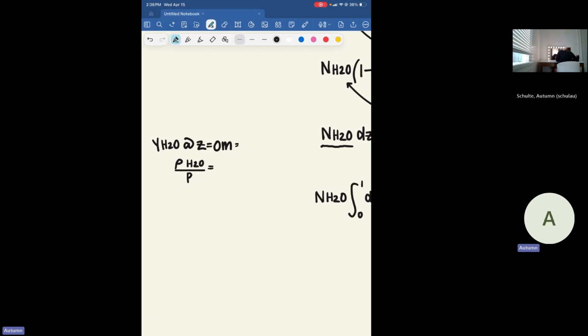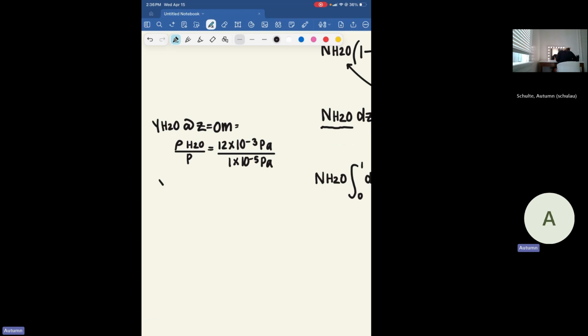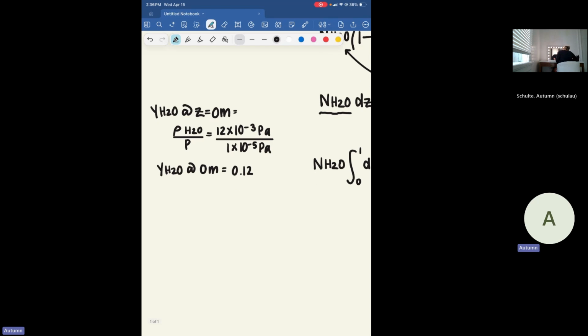We said the partial pressure of our water was 12 times 10 to the negative third Pascal, and the total pressure of our system was 1 times 10 to the negative fifth Pascal. If you solve for that, you'll find that the mole fraction of water at 0 meters is equal to 0.12. And this is unitless because this is a mole fraction. So this is like our composition.